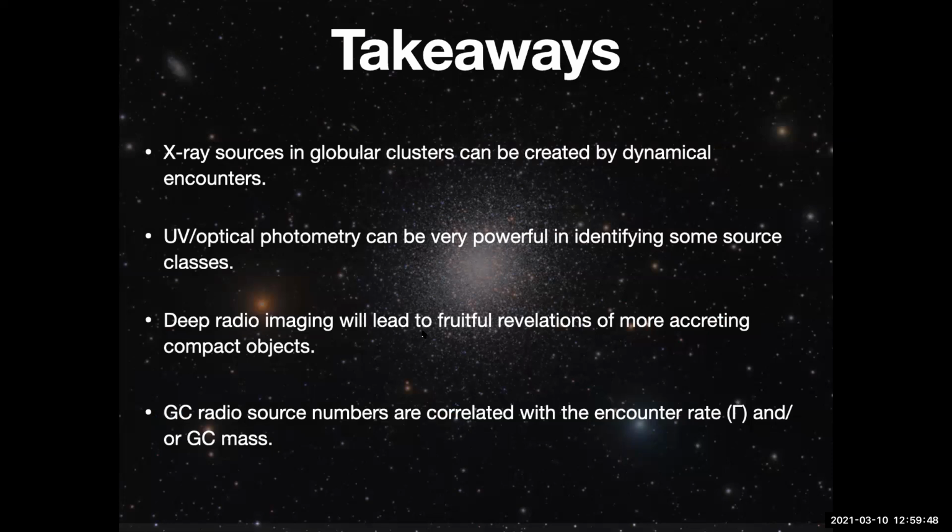And we can also use deep radio imaging surveys to identify some of the X-ray sources, such as millisecond pulsars or black hole low mass X-ray binaries, which will for sure lead to more discovery of this kind of objects in the future with deeper observations and higher sensitivity of the instruments. And globular cluster radio sources, as I showed in the last slides, the number of radio sources are correlated with the encounter rate and/or the globular cluster masses. So that's pretty much my talk. I'm open to questions. Thank you.